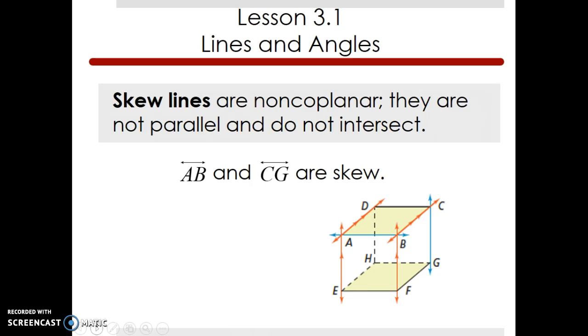The next definition I want to go over is skew lines. Skew lines are non-coplanar. They are not parallel and do not intersect. So the way I like to remember this is they do not intersect, but they go in a different direction.